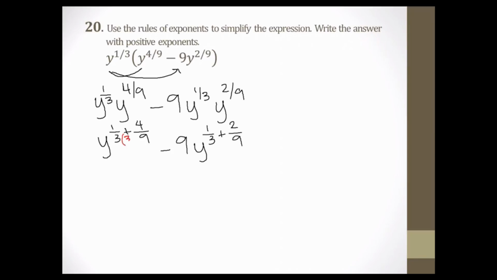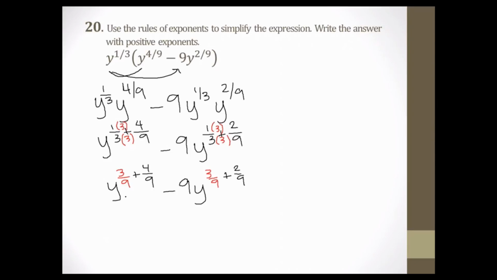So if I multiply the bottom by 3, I want to multiply the top by 3. And then the same thing with my second fraction addition. Multiply the bottom by 3 and then the top by 3. So that's going to give me 3/9 as my first exponent. So that's y to the 3/9 plus 4/9 minus 9 times y to the 3/9 plus 2/9.